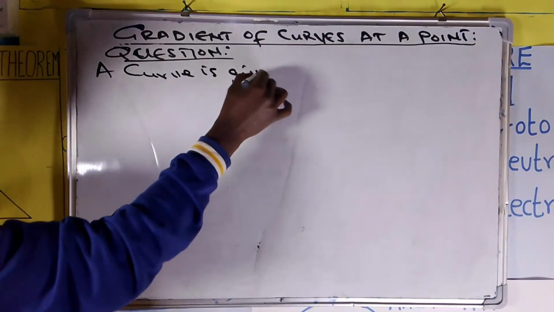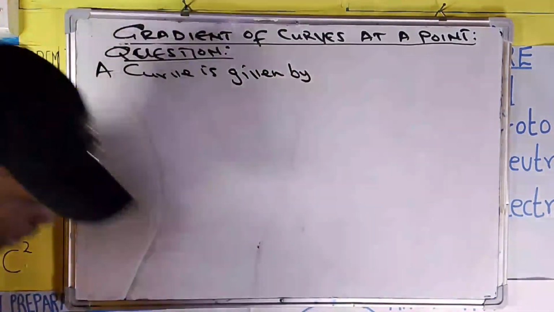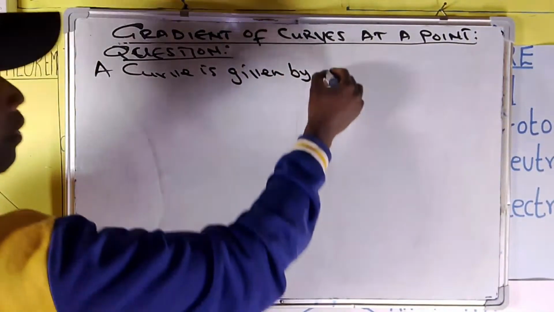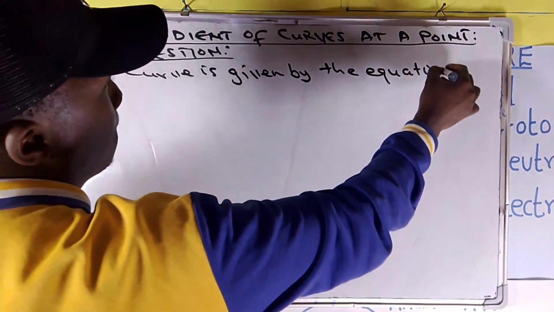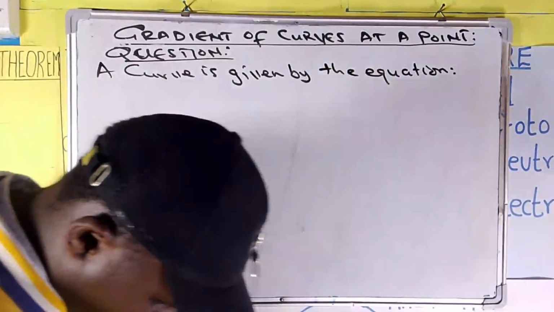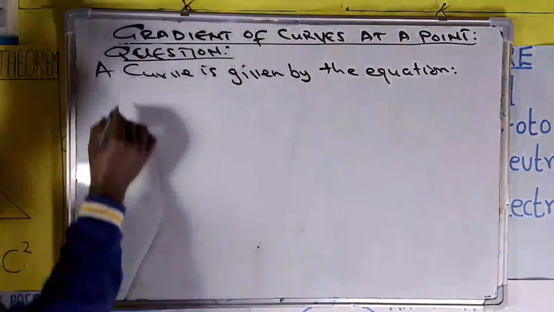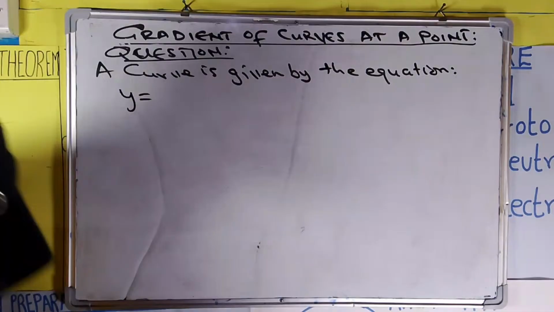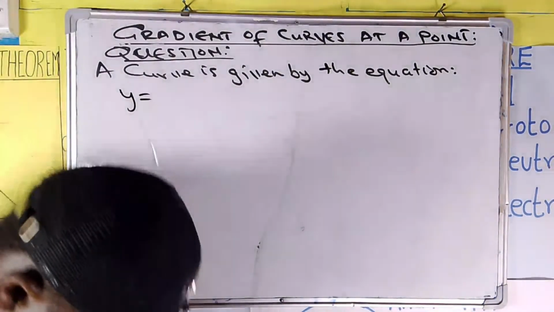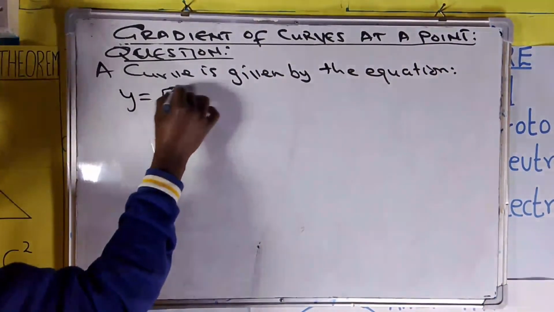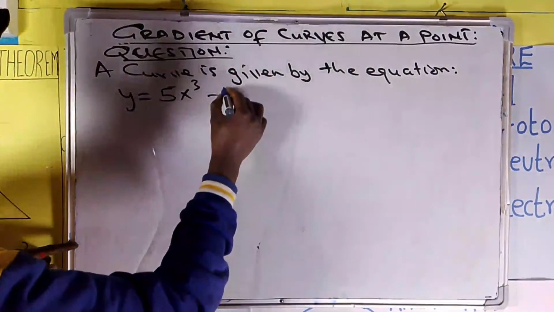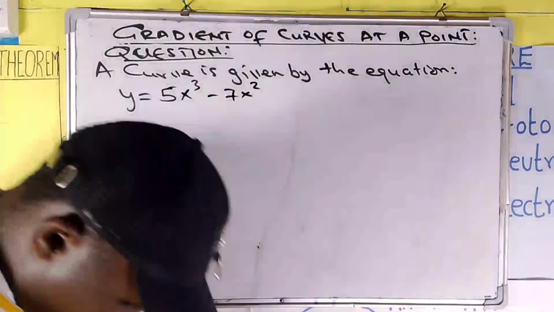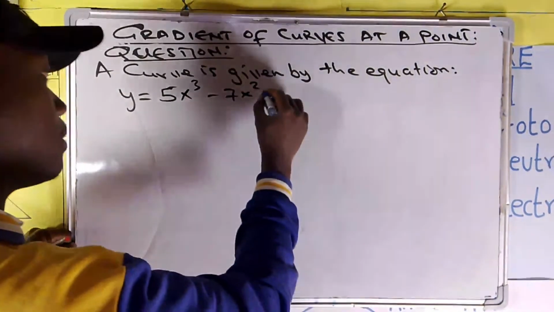A curve is given by the equation y is equal to 5x cubic minus 7x squared plus 3x plus 2.